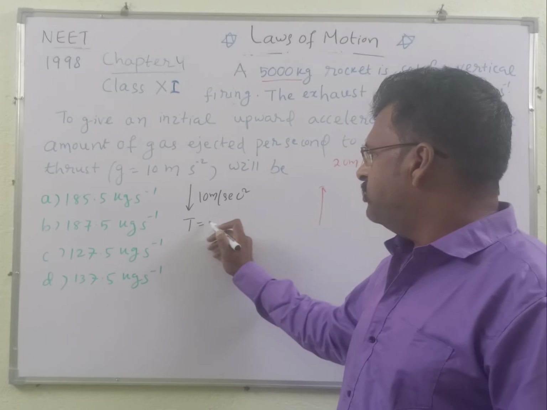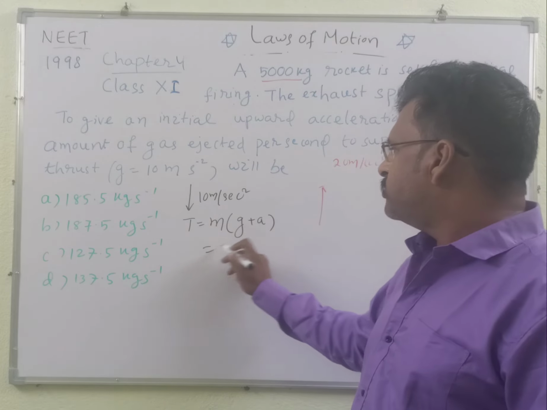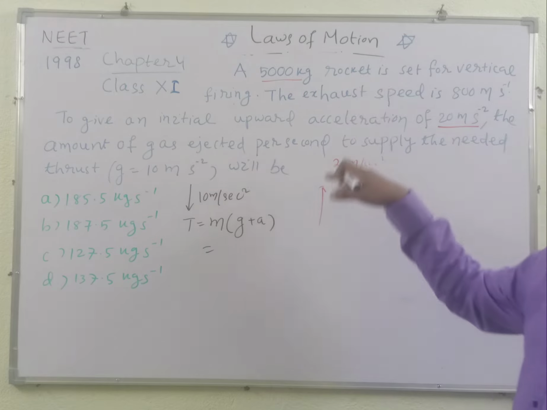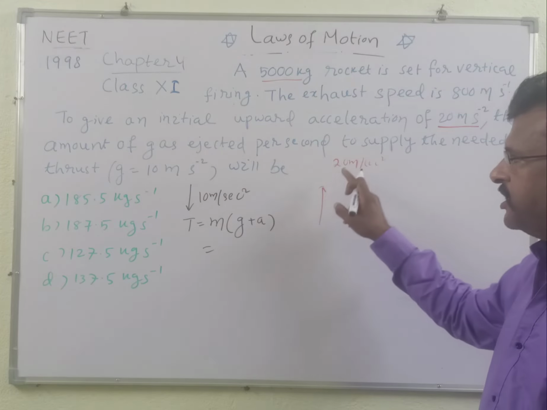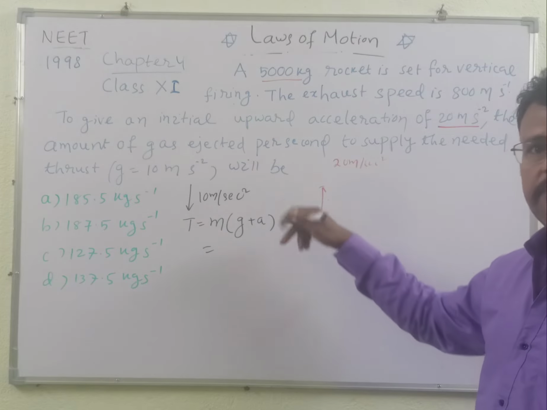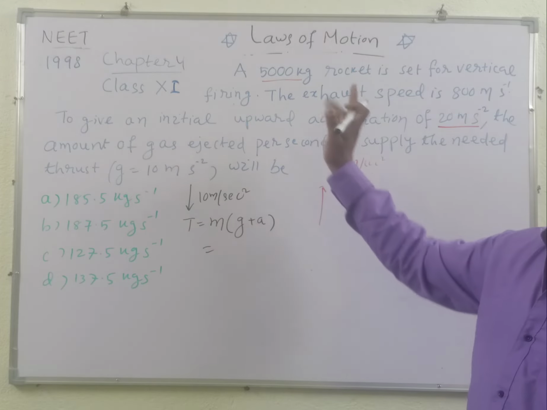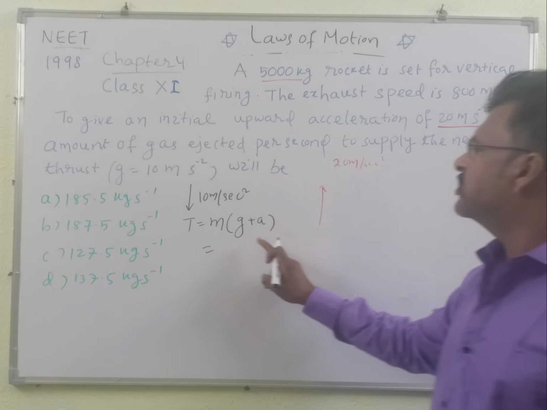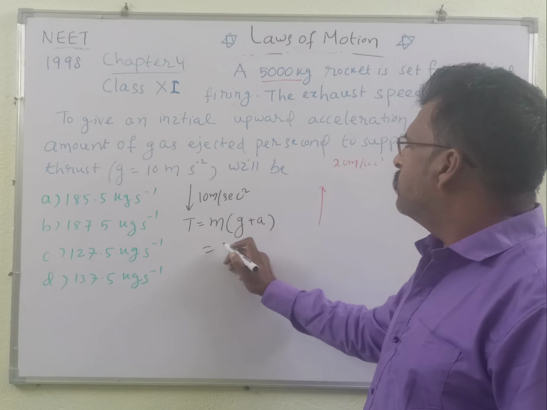So the thrust T will be equal to m into g plus a. Okay, student, because the upward acceleration must be g plus a. If it will be 30 meter per second square, 10 plus 20, so it will minus the 10 meter per second square of acceleration due to gravity, and the net upward acceleration will be 20 meter per second square. So the upward thrust will be m into g plus a. And what is mass, student?